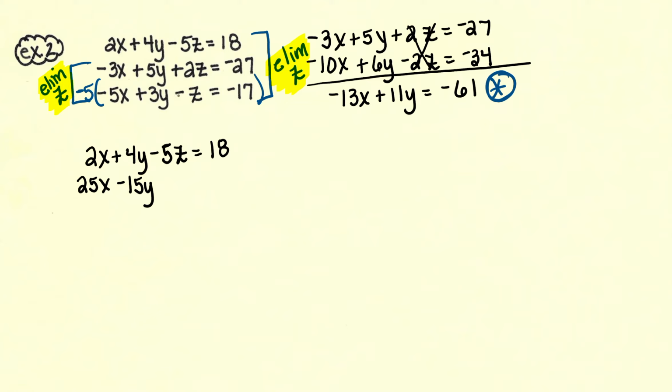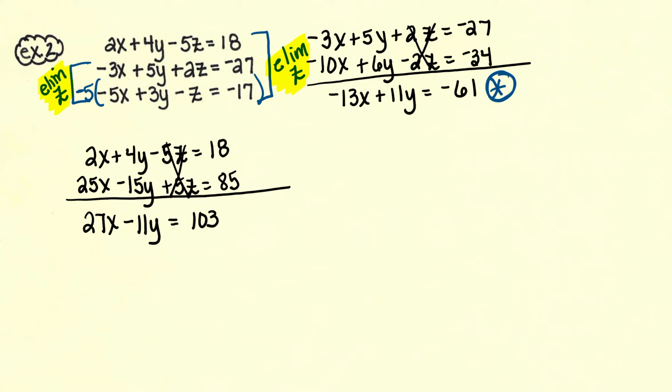Negative 5 times negative z is going to be a positive 5z. And negative 5 times negative 17 is a positive 85. All right, my z's are going to cancel. That gives me 27x minus 11y is equal to 103. We're going to call that our second star equation.